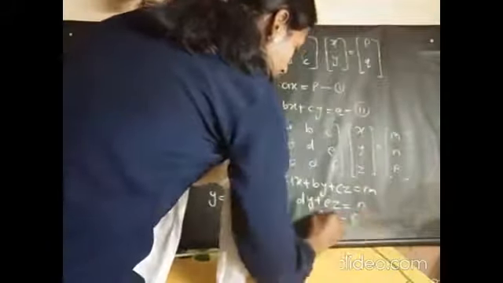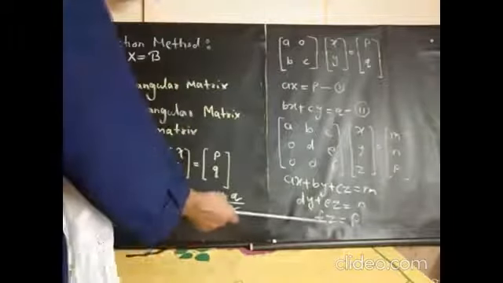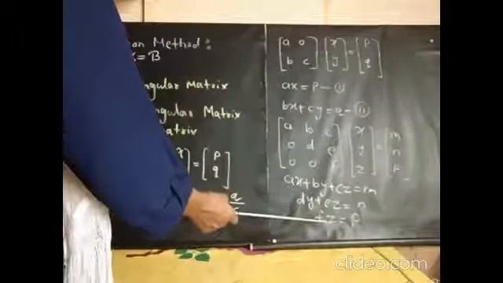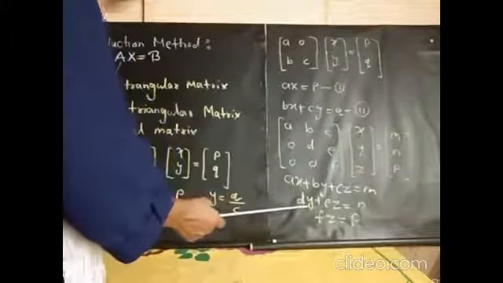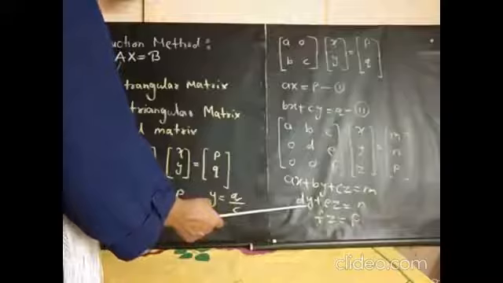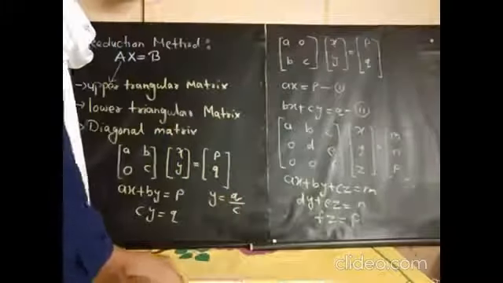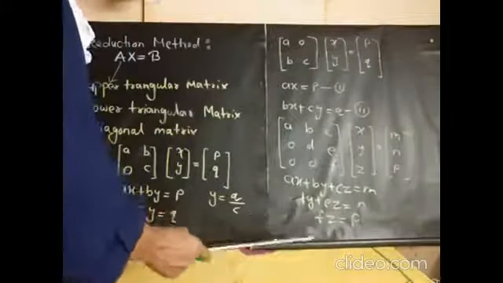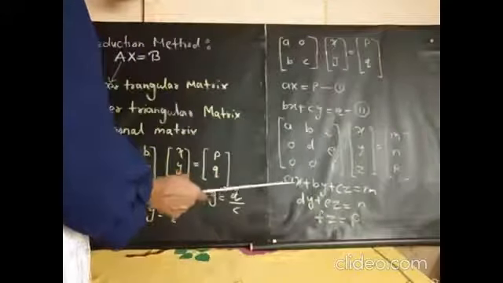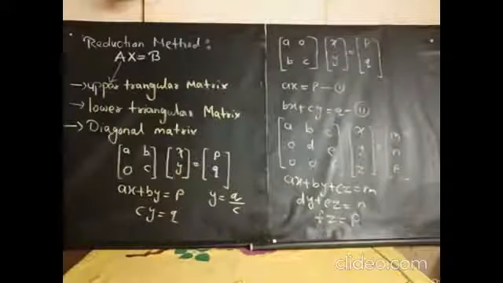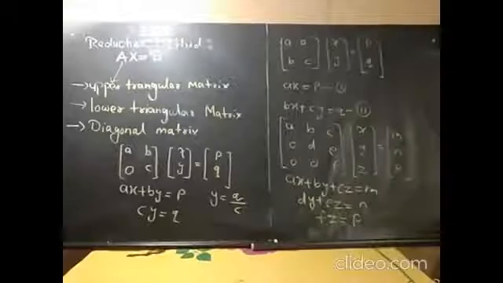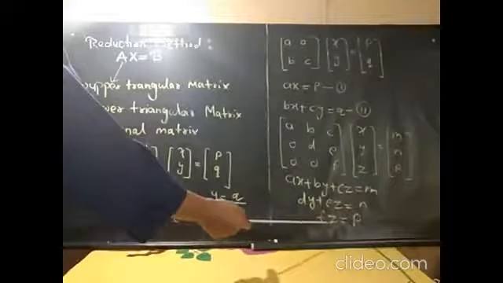Now you decide which value you will get first. Simple, Z you will get first. You will substitute this value of Z in the second equation, then you will get the value of Y. Now you have the values of Y and Z in your hand. These two values of Y and Z you are going to substitute in equation 1, then you will get the value of X. Is it clear? It's very beautiful, children. Just think, after applying the reduction method, it becomes so easy to find the values of X, Y and Z.